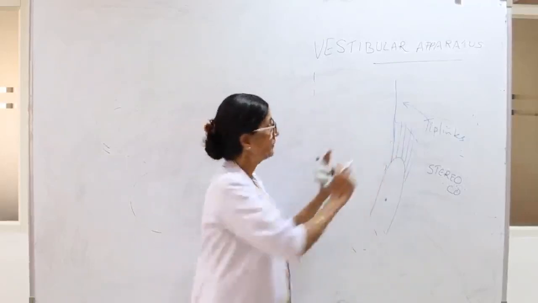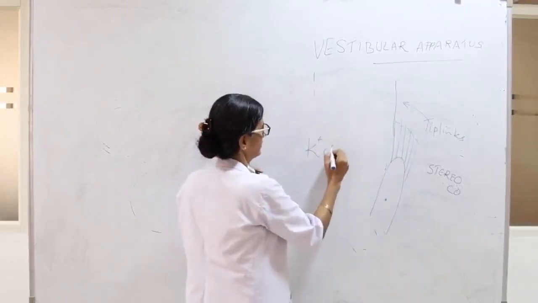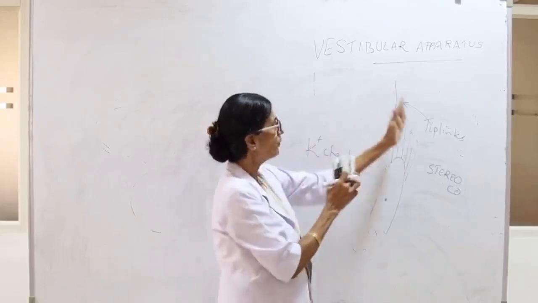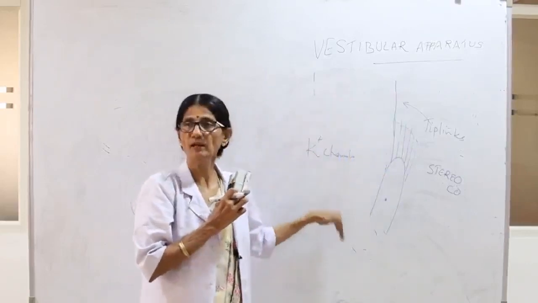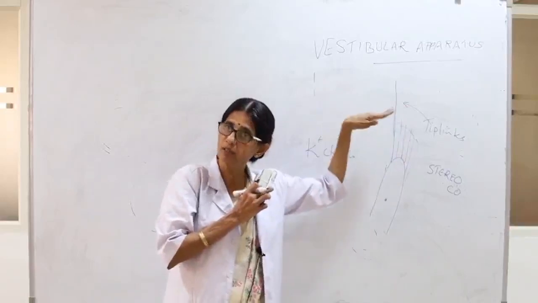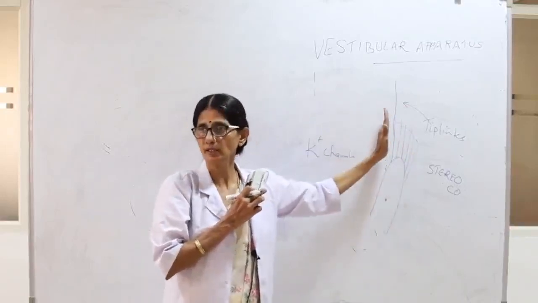This is because at the tip of these cilia are potassium channels. Whenever it moves towards the kinocilium, these potassium channels open, and potassium enters. Even calcium also enters the cilia, resulting in a depolarizing signal.